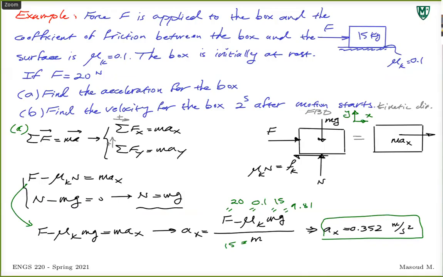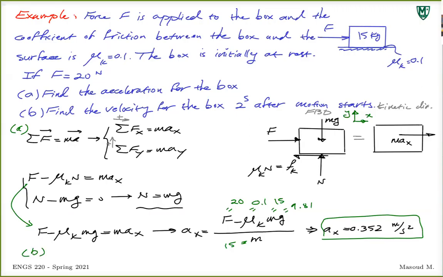Now part B, you're asked to find the velocity after 2 seconds. How do I do that? That you should know. This is from before. How do I find my velocity after 2 seconds? Would we use the same equation we used for the last problem since it's constant acceleration? Exactly. Thank you, Sama.